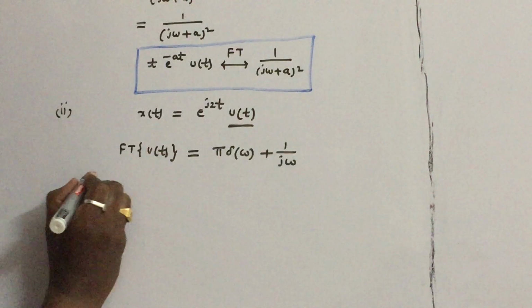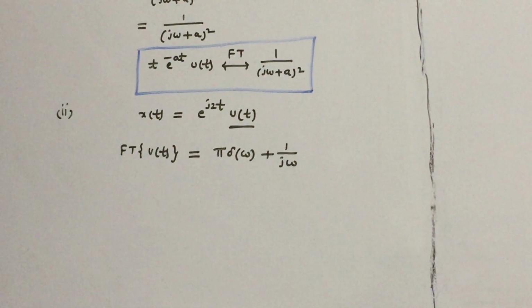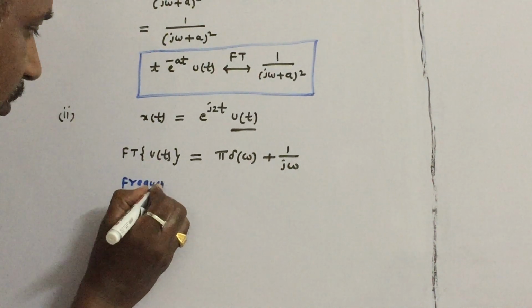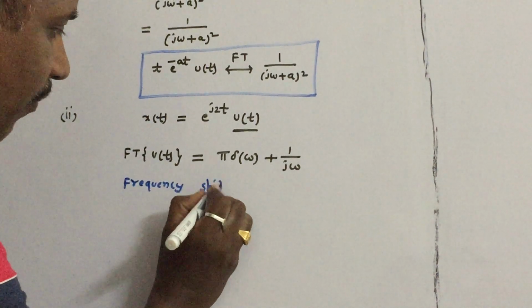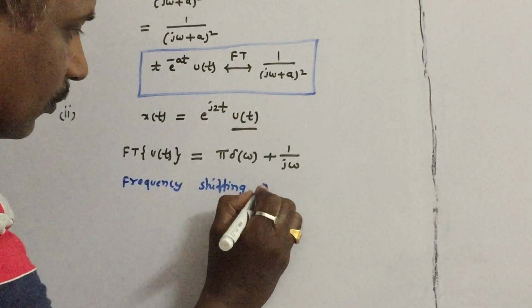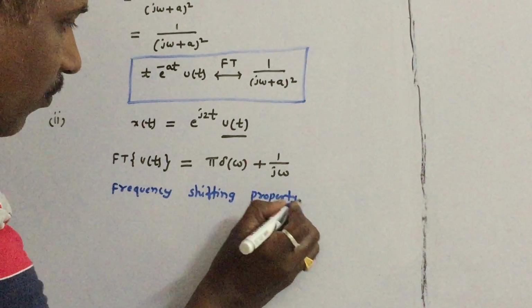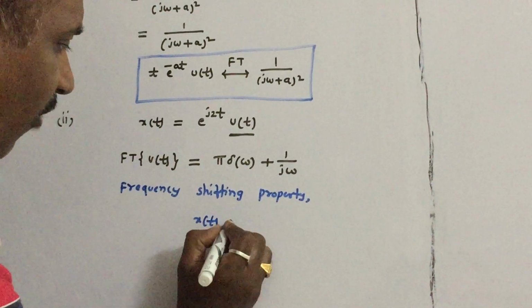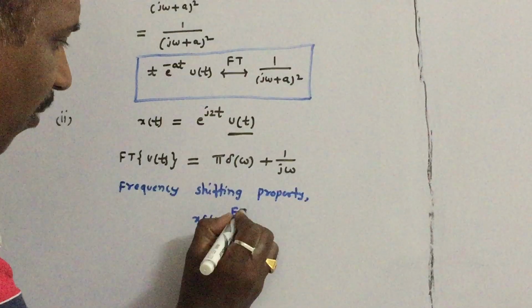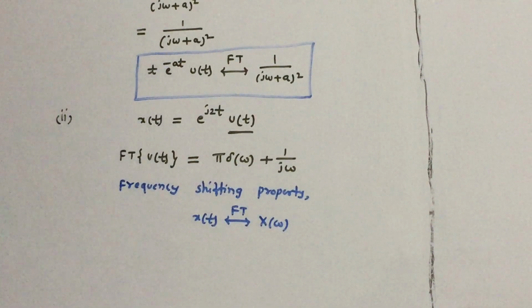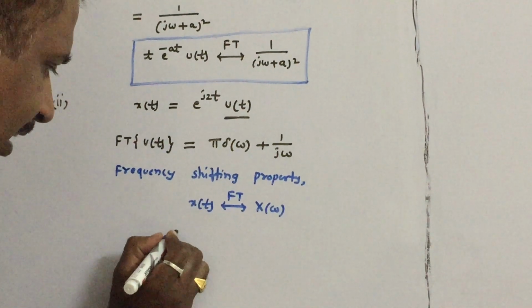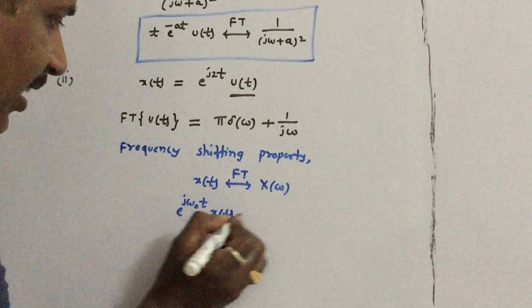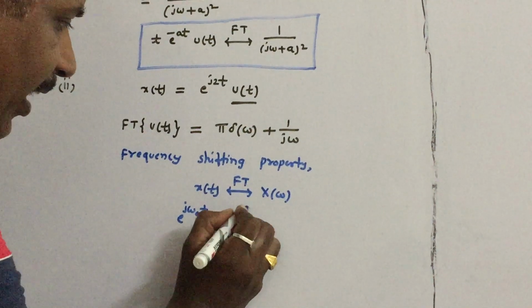Now for this use the frequency shifting property. What is the frequency shifting property? If x of t's Fourier transform is x of omega, then if you multiply x of t with e power j omega 0 t, that is a high frequency term, what will be the Fourier transform?